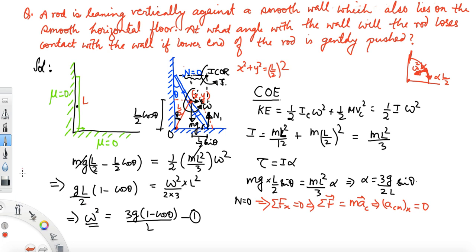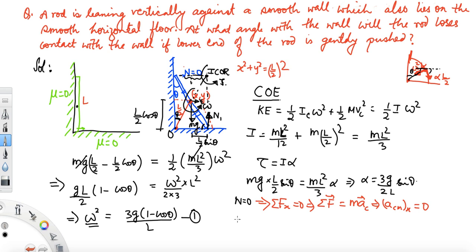Now if you take its component in x direction, you have to take the component of omega square L by 2, and this angle is theta, right? So this will be 90 minus theta.